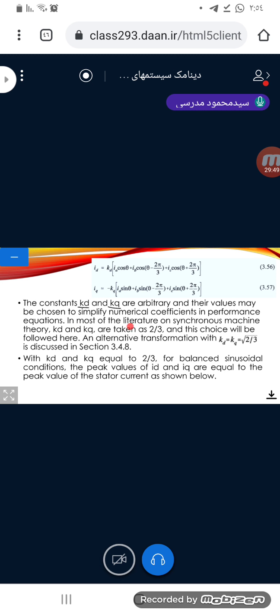In most of the literature on synchronous machine theory, KD and KQ are taken as 2 divided by 3, and this will be followed here.